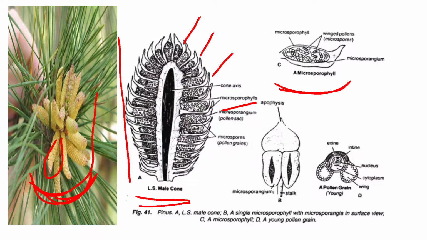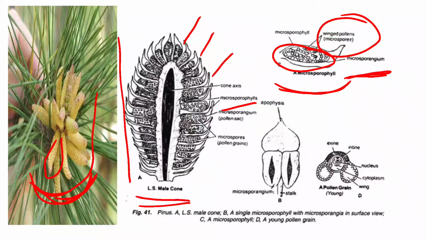Inside each microsporophyll you will have microsporangia, a sac-like, bag-like structure present on the microsporophyll. They are known as microsporangium. And inside each microsporangium you will find microspores. These microspores later develop into the pollen grains.